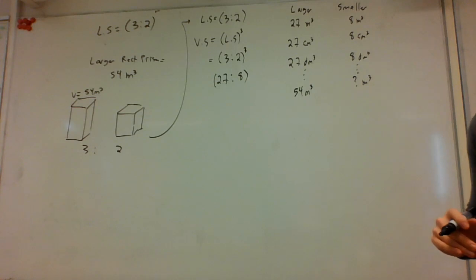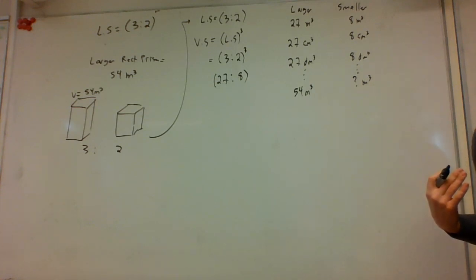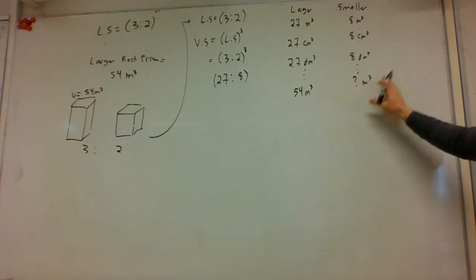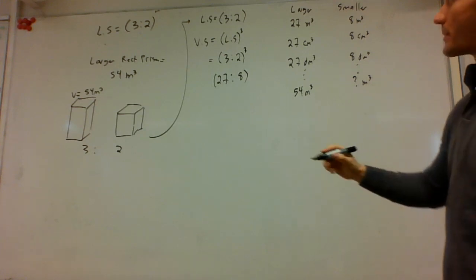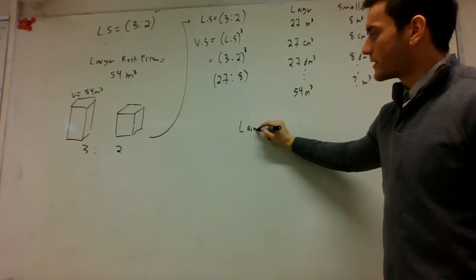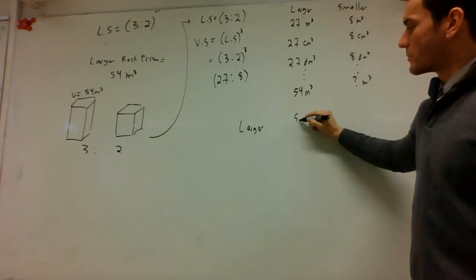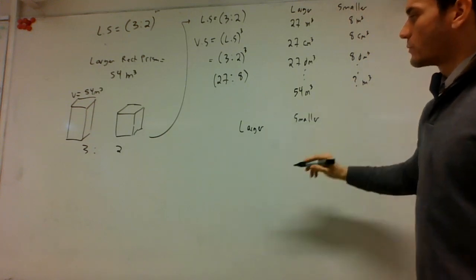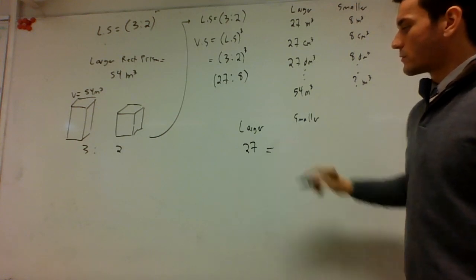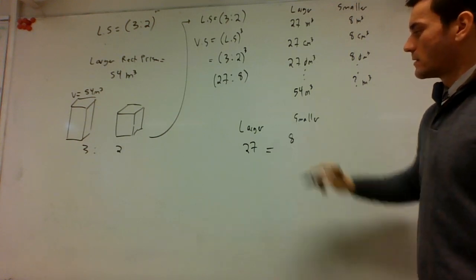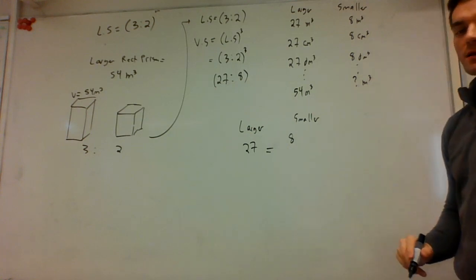So hopefully you paused, and here's one method we can use to solve for the volume in this second one. We're going to use cross multiplication. I'm going to compare the larger figure to the smaller. We know 27 units in the larger figure results in 8 volume units in the smaller one.